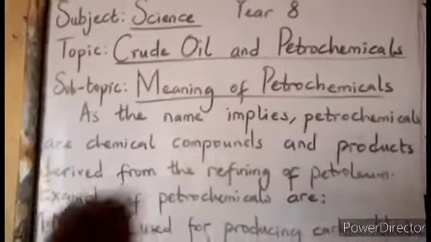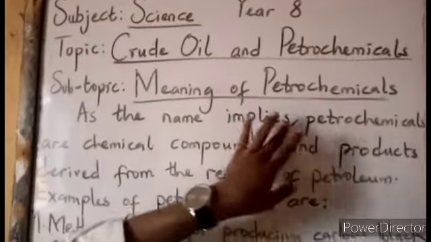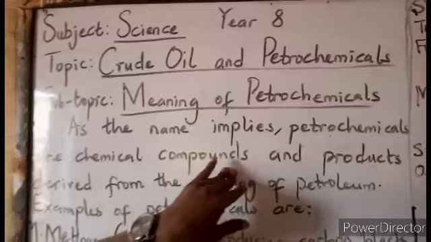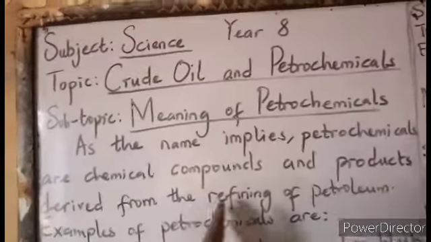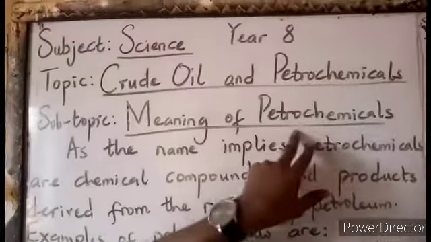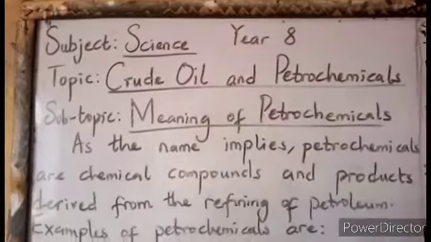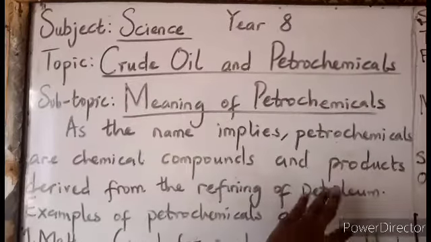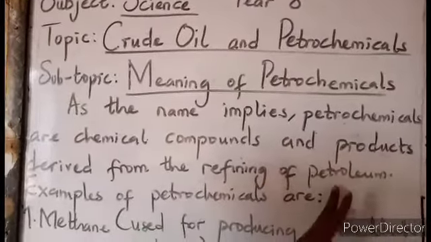As the name implies, petrochemicals are chemical compounds and products derived from the refining of petroleum. Petrochemicals are extracted when petroleum has been taken from the refinery.